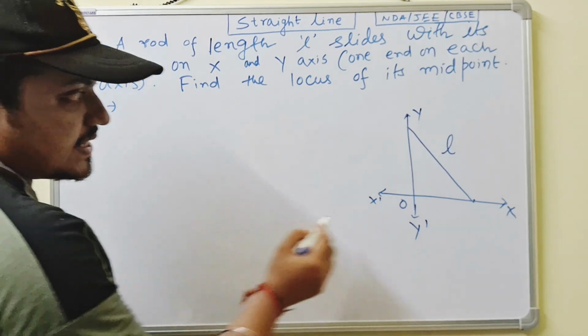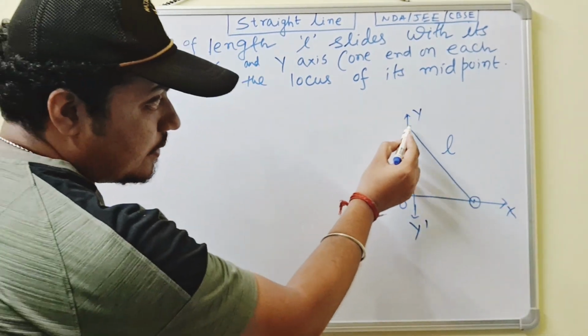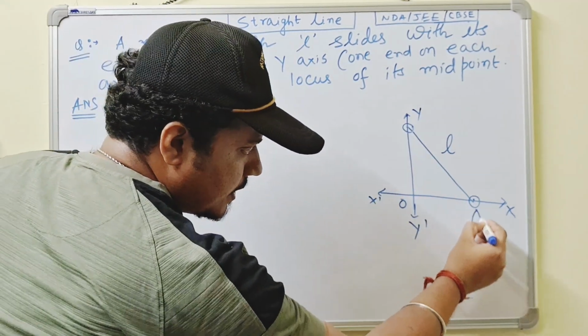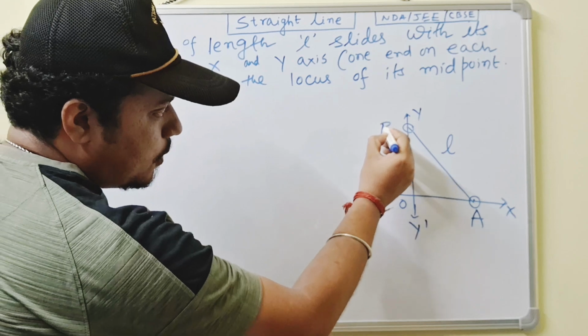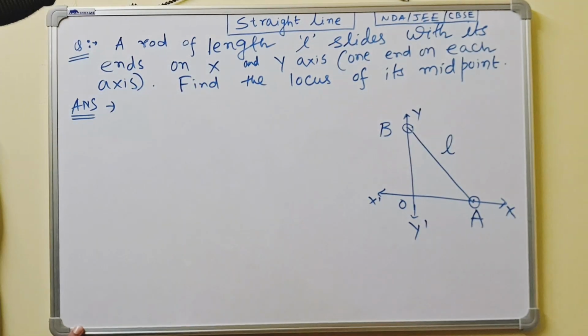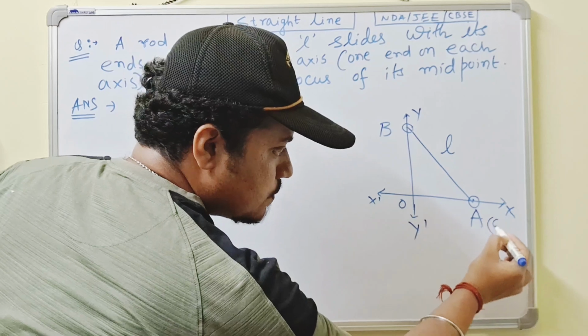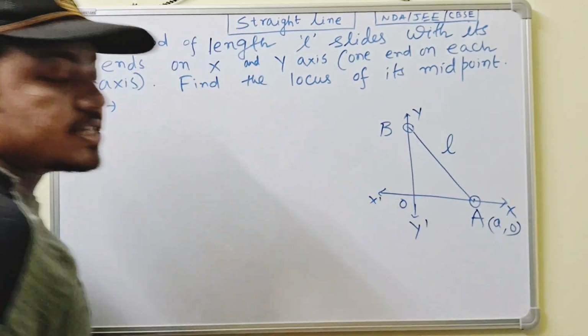You can see one end point lies on the x axis and the other end point lies on the y axis. Name one point capital A and the other point capital B. Now take the coordinates of A as a comma 0. Why is the y coordinate 0? Because point A lies on the x axis, so its y coordinate is 0.